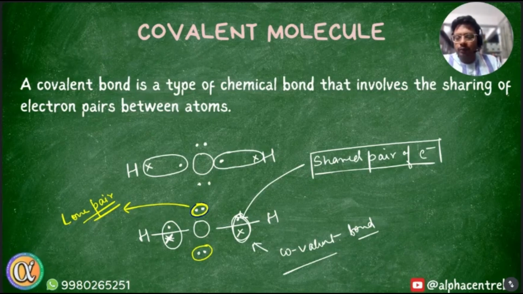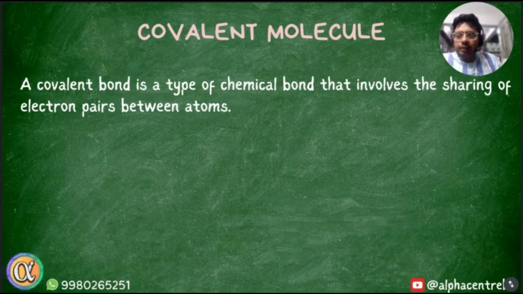Every shared pair makes one covalent bond. You will also find sometimes that some elements have valence electrons which are not used for sharing. They just stay as personal electrons of oxygen or some other element, so they are lone pairs of electrons. Am I clear? Yes. Okay, let's take a bond between hydrogen and chlorine. What is the electronic configuration for chlorine?